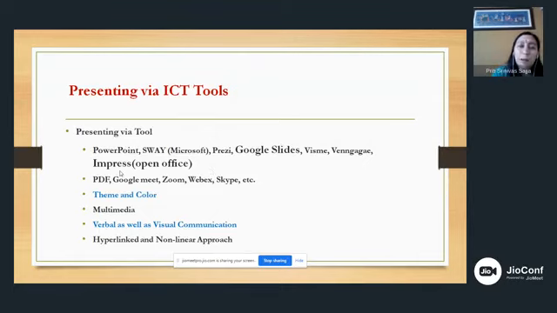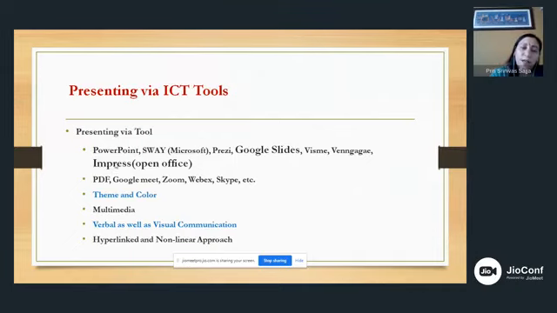Microsoft is a proprietary version, and if you would not like to use Microsoft, and as a teacher we should not do piracy also, at that time you can use OpenOffice with Ubuntu, another type of operating system, and you can use Impress. Okay, OpenOffice is just an umbrella package like MS Office, and it has got Impress and Calc, like Excel is there, Word is there, PowerPoint is there.